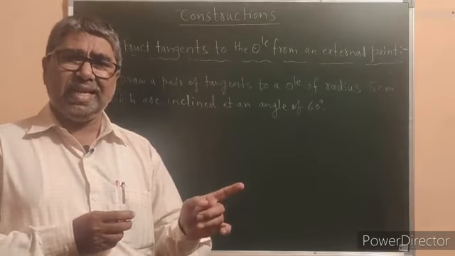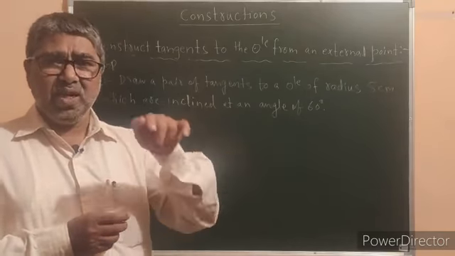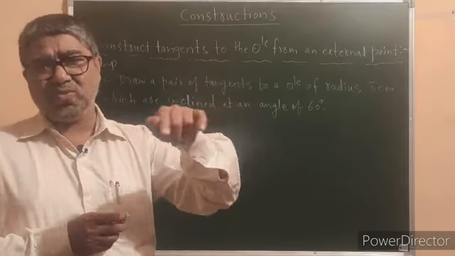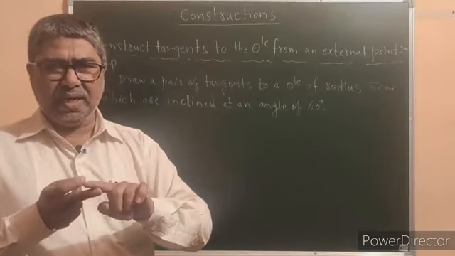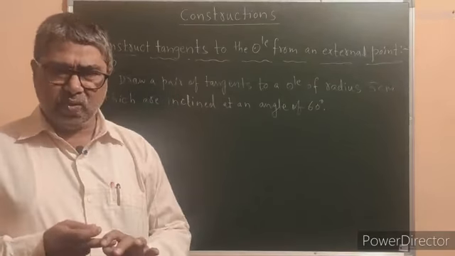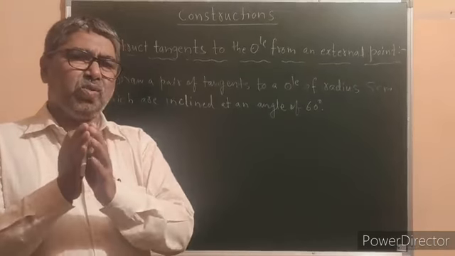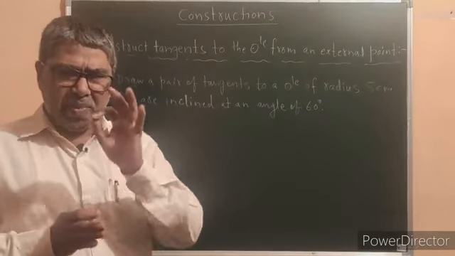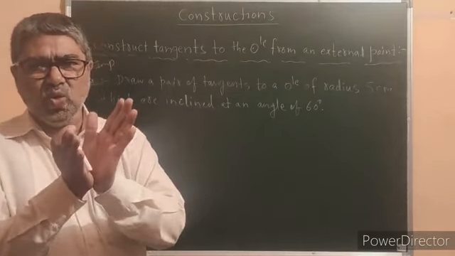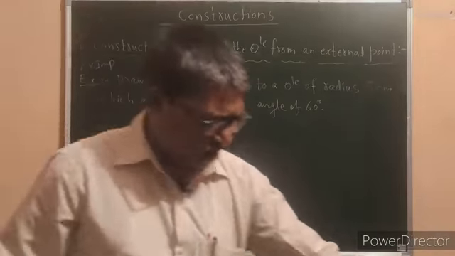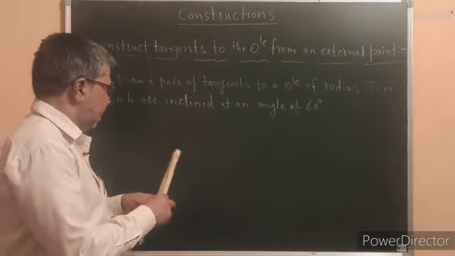So we have to subtract 60 degrees from 180 degrees. If you subtract 60 degrees from 180 degrees you will get 120 degrees. So this 120 degrees angle must be formed at the center of the circle between the two radii. Okay, now let us solve this example.